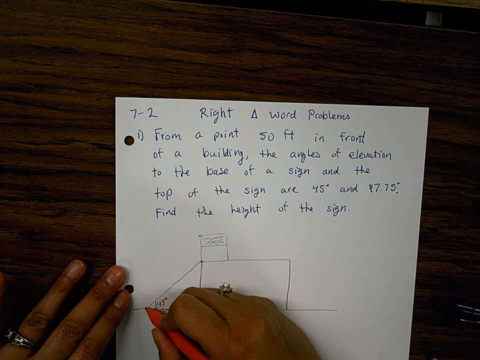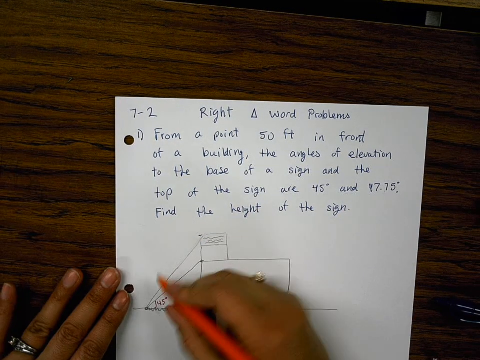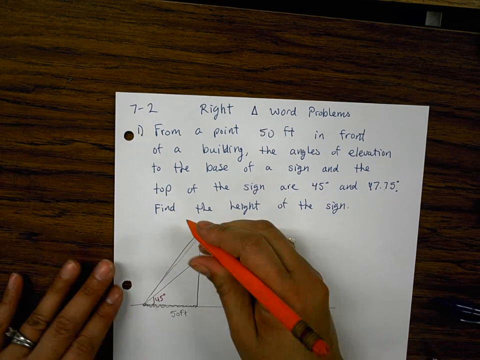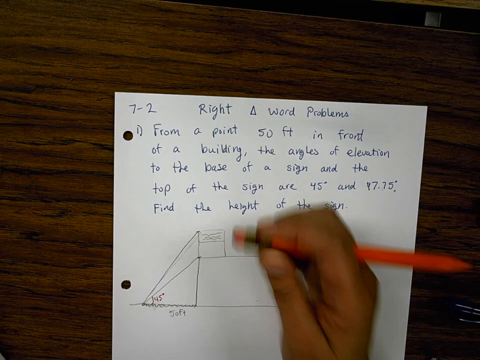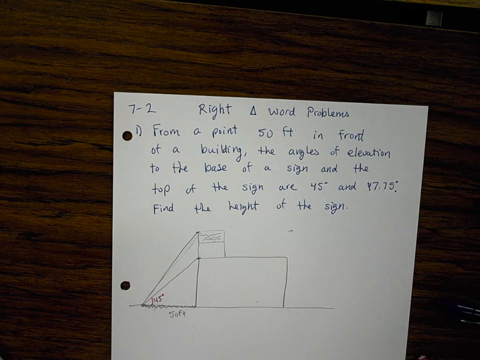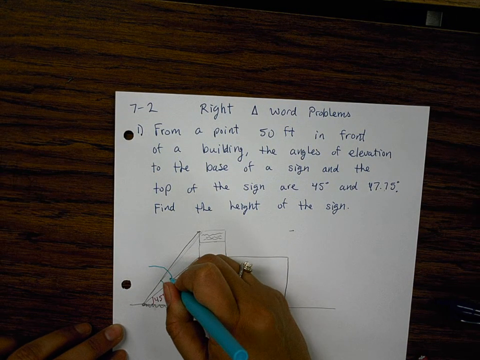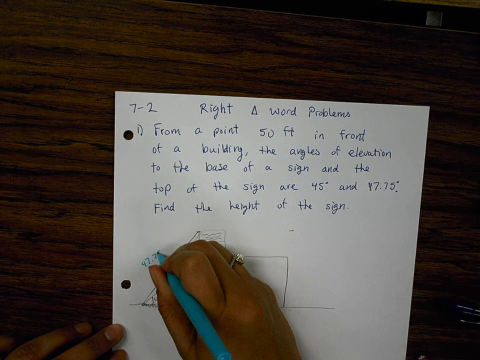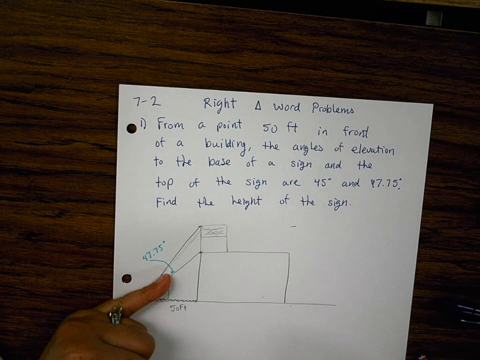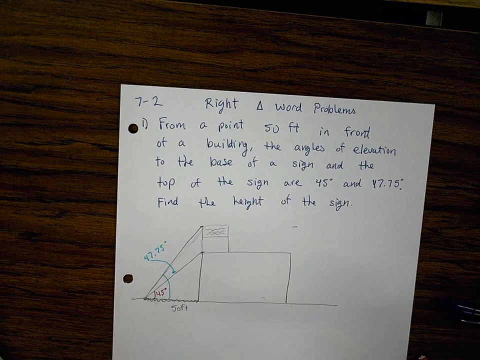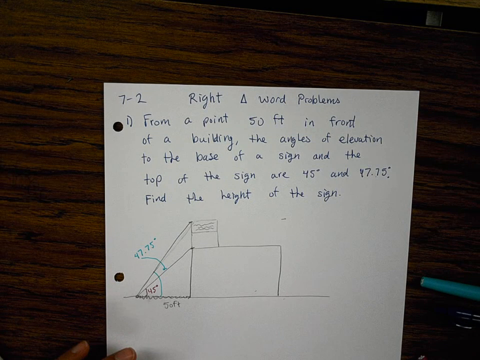And then to the top of the sign, from the same point, the angle of elevation is 47.75. So the bigger angle here is 47.75 degrees, which makes sense. It's a little bigger because from here you're looking up, but then you have to look further up to see the top of the sign.